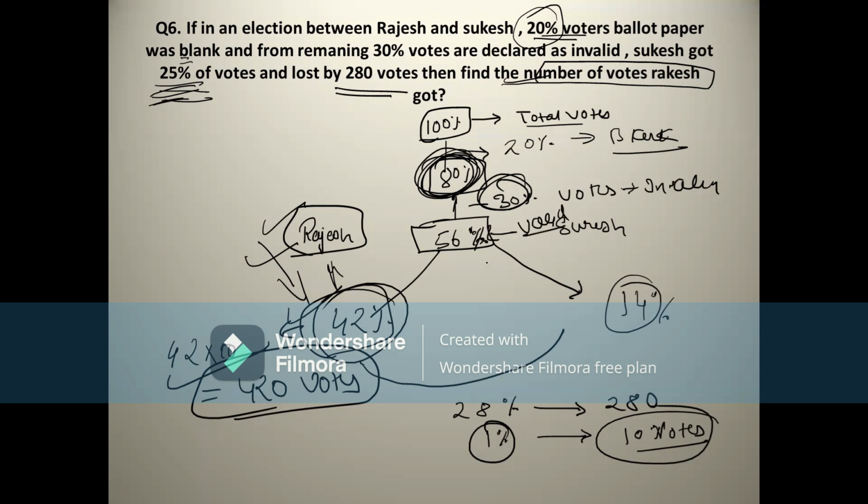From this, Suresh got 25%, meaning 14, and the remaining went to Rajesh. The difference is 42 minus 14, which is 28%, and the value of 28% is 280 votes. The value of 1% will be 10 votes. Rajesh got 42%, so 42 into 10 is 420. Are you getting my point? So this was all about the election-based concept.